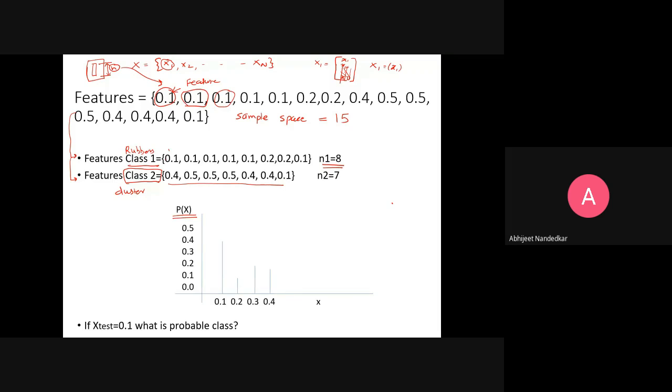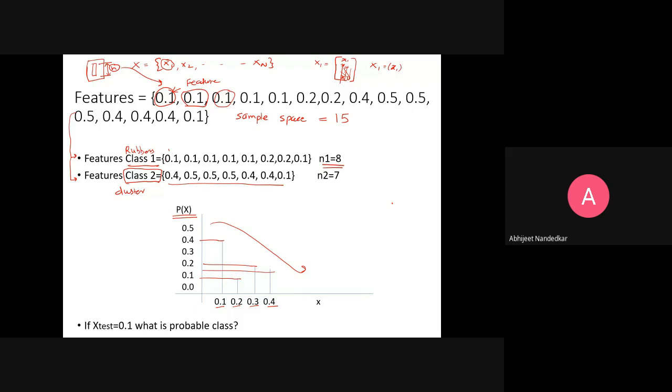There are objects with 0.1, 0.2, 0.3, 0.4 heights, and I can count how many there are and divide by the total number of samples. So maybe this is 0.4 here, this is 0.1, this is 0.2, maybe this is 0.15.